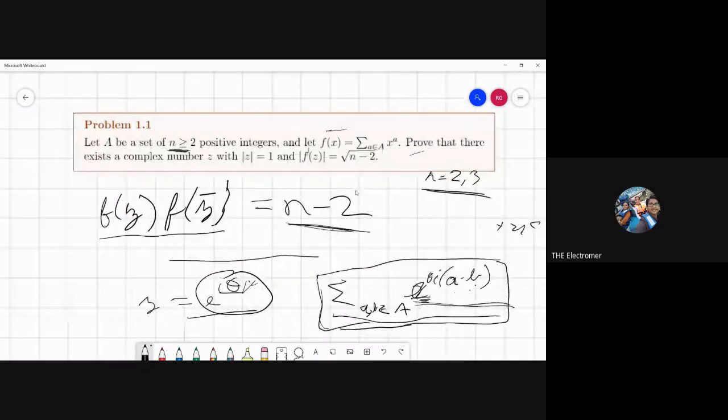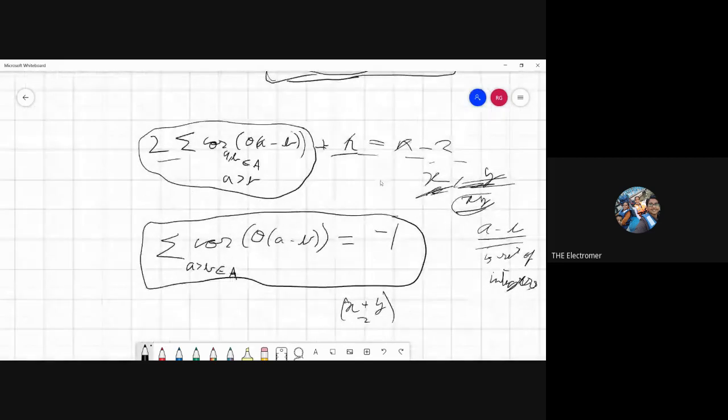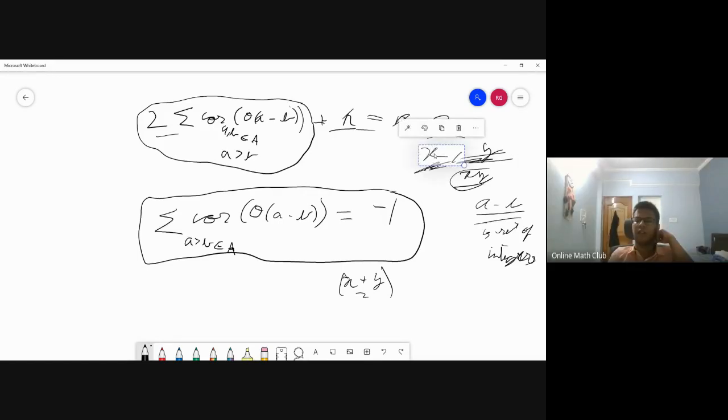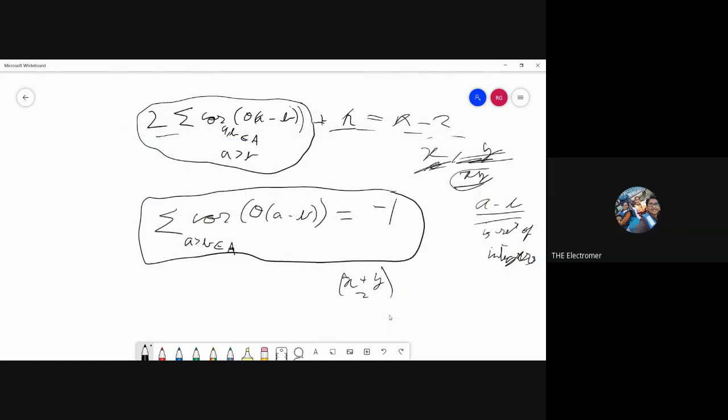For any given set, a minus b, or actually with the mod, a plus b, over all possible a plus b from the set, there's no condition on how many of them are even and how many are odd. If in the initial set there were x odds and y evens, then you can just say this set has x times y odds and x choose 2 plus y choose 2 evens.